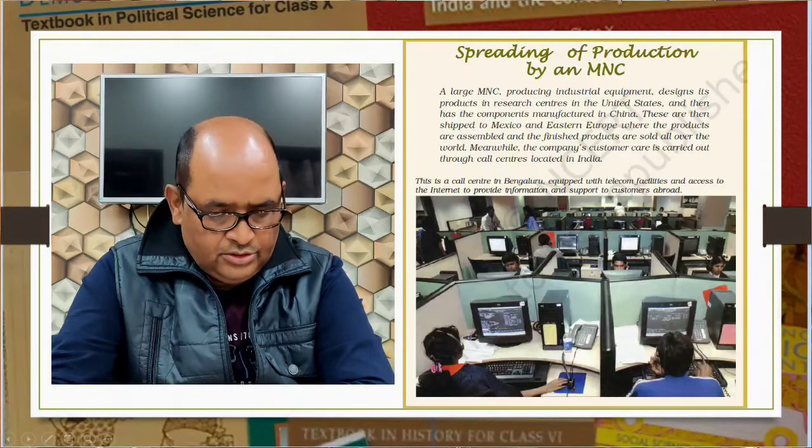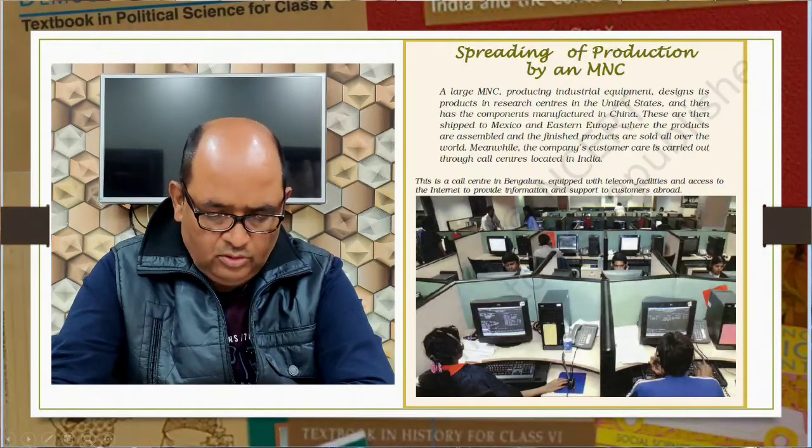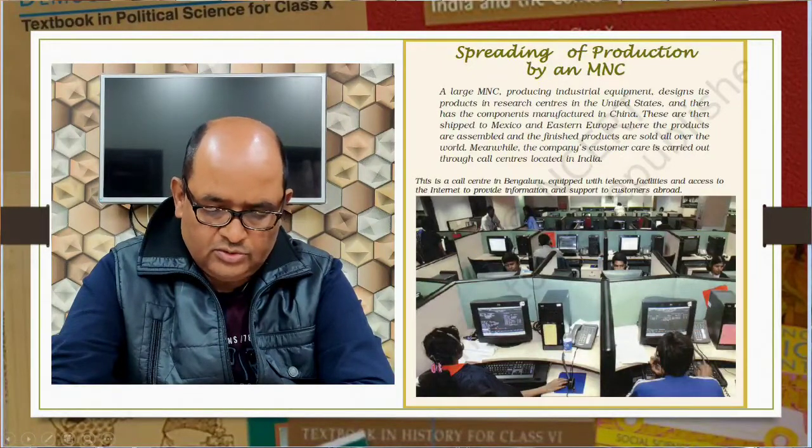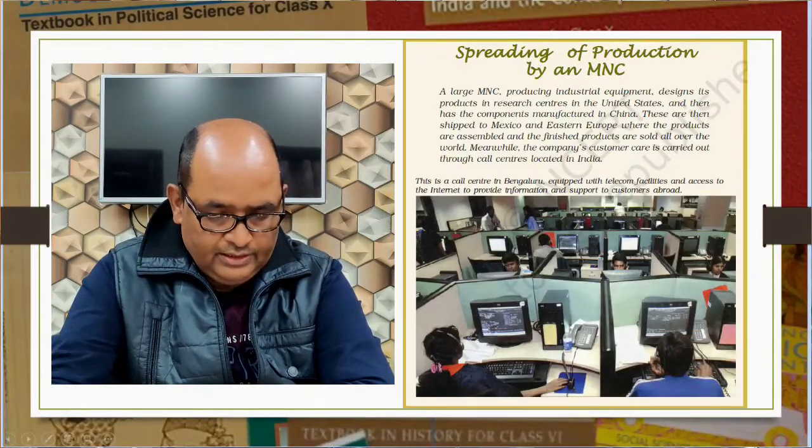These are then shipped to Mexico and Eastern Europe, where the products are assembled and the finished products are sold all over the world. Meanwhile, the company's customer care is carried out through call centers located in India. Thus, they are able to make 50 to 60% cost savings. I hope you have understood how the product was produced globally.